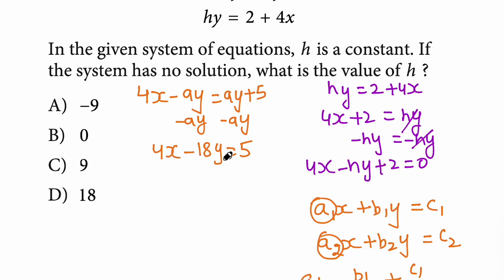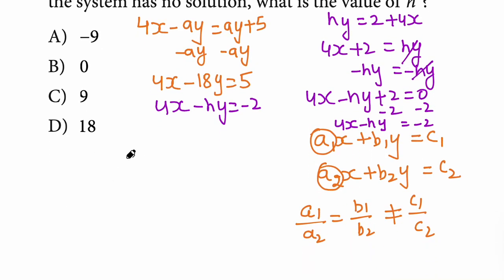Now in our first equation, constant is on the right hand side, so it should also be on the right hand side. For that we have to subtract 2. So 4x minus hy is equal to negative 2. Now we have to apply this condition.